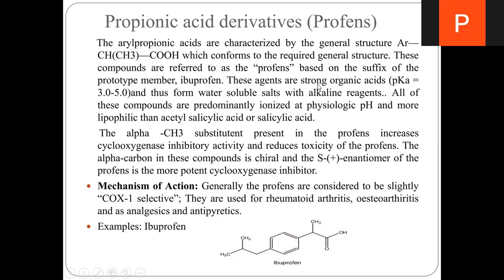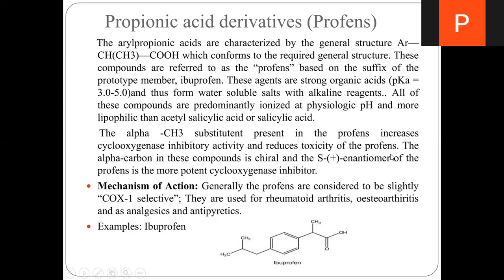The pKa is 3.0 to 5.0, and thus they form water-soluble salts with alkaline reagents. All these compounds are predominantly ionized at physiological pH and are more lipophilic than acetyl salicylic acid or salicylic acid. The alpha CH3 substituent present in the profens increases the cyclooxygenase inhibitory activity and reduces toxicity.